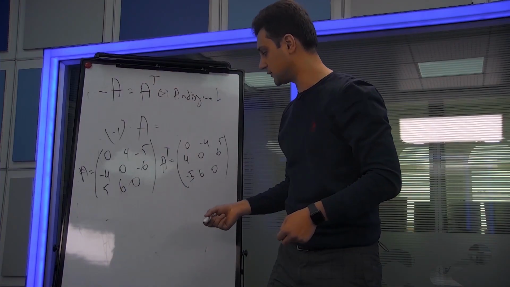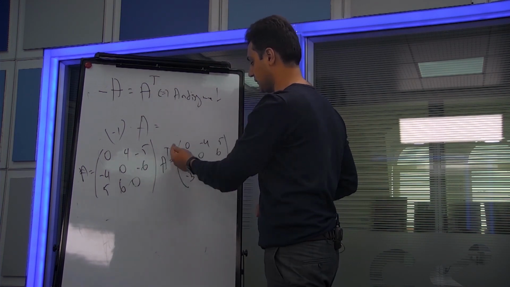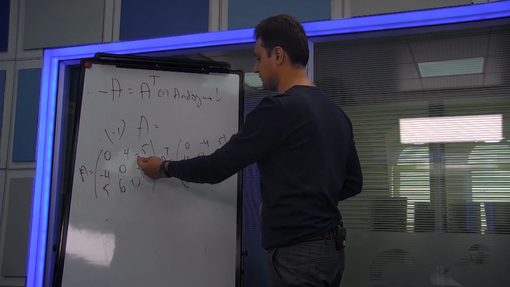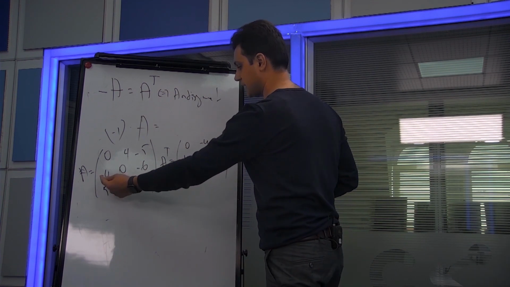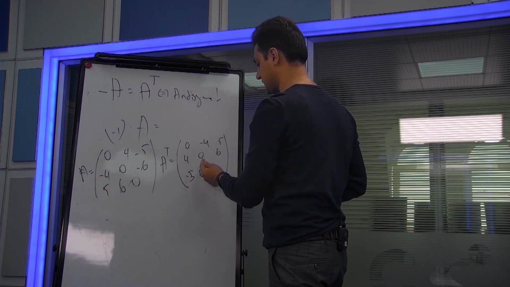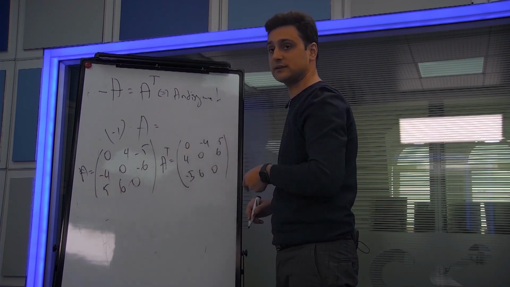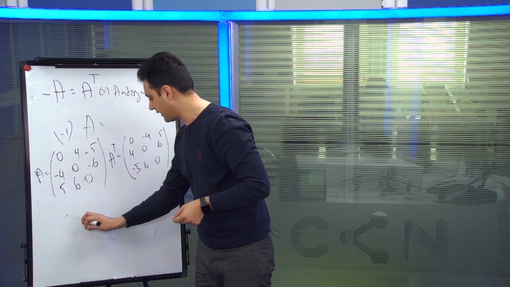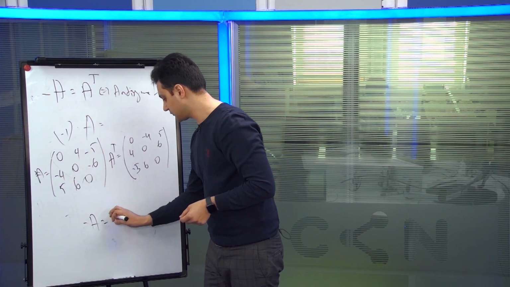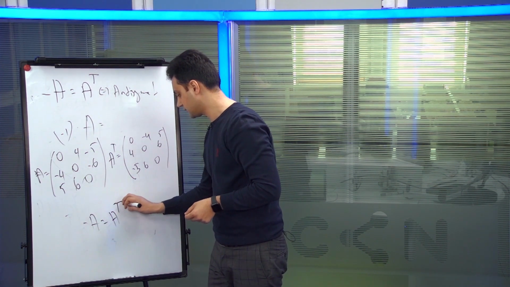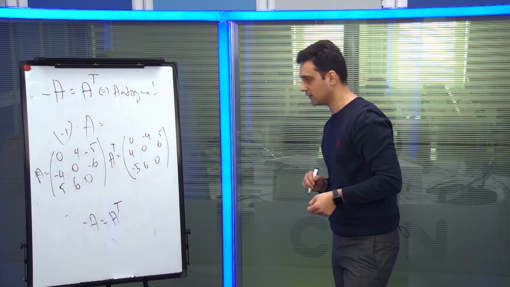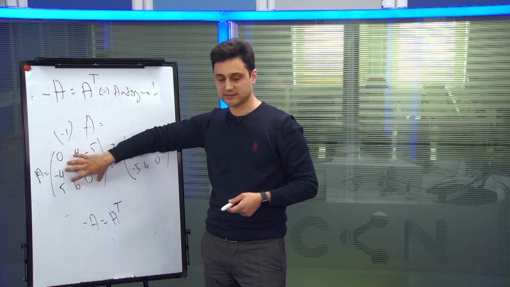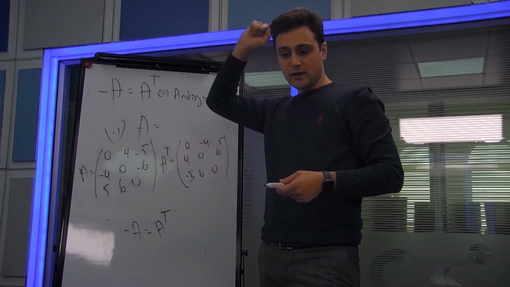Is it satisfied or not? We see that it's 4, -4. -5, 5. -4, 4, -6, and 6. All are opposite signs. And the same for zeros. That's why we have -A is equal to A transpose. It means that this matrix is an antisymmetric matrix, right?